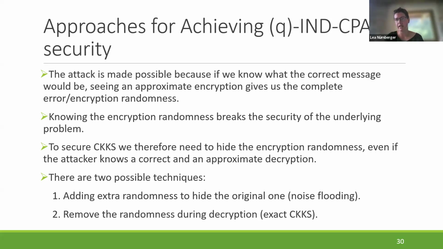But at any rate, adding additional noise, and especially a big amount of noise, takes a big toll on the efficiency of CKKS. Which is why in this paper, we investigate the second technique, which is to remove the randomness during decryption, while at the same time trying to save most of the efficiency gains CKKS has.